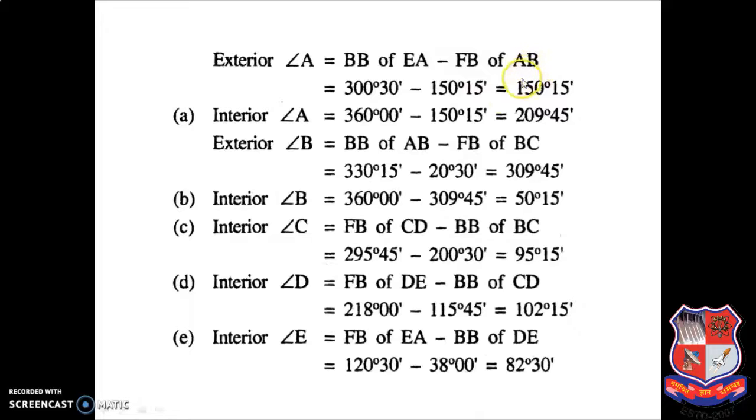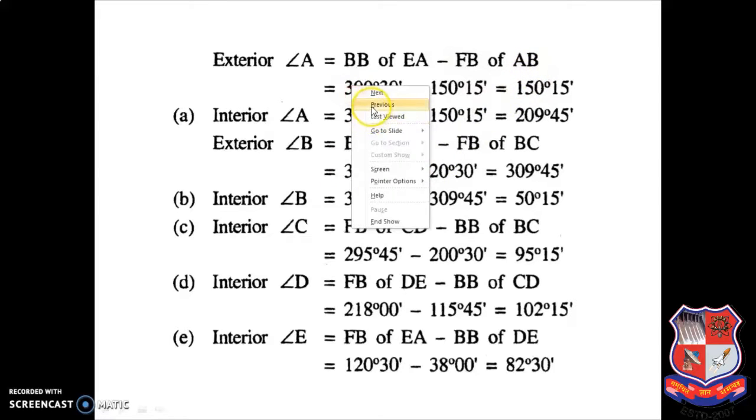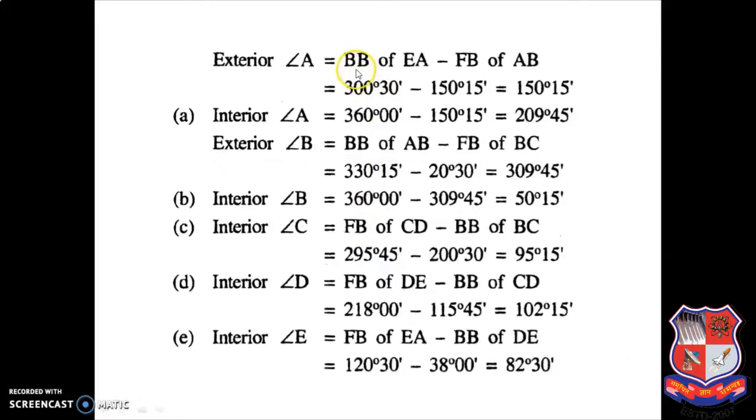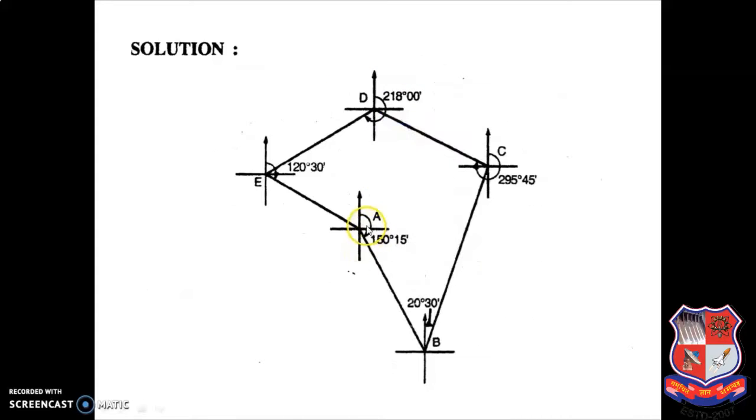To calculate angle A, we require two readings: one is fore bearing and the second one is back bearing. Here you can see I have taken back bearing of line EA and fore bearing of line AB.